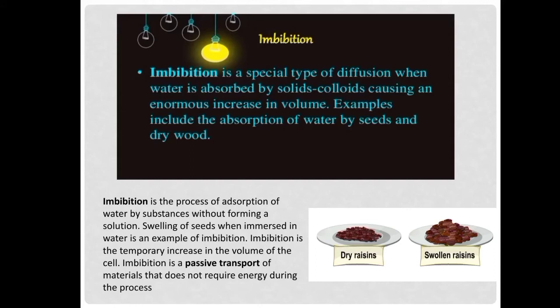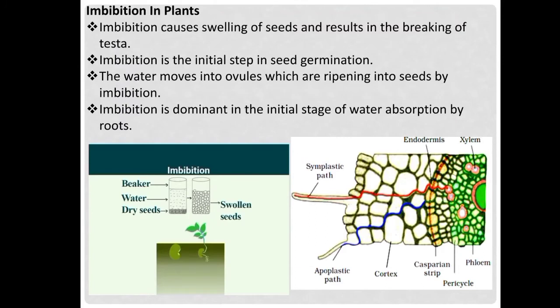Next, the role of imbibition in plants. Why does imbibition occur in plants? Imbibition is the first step in absorption of water by the roots and the cells, and the imbibition of water by the cell walls helps to keep the cells moist.